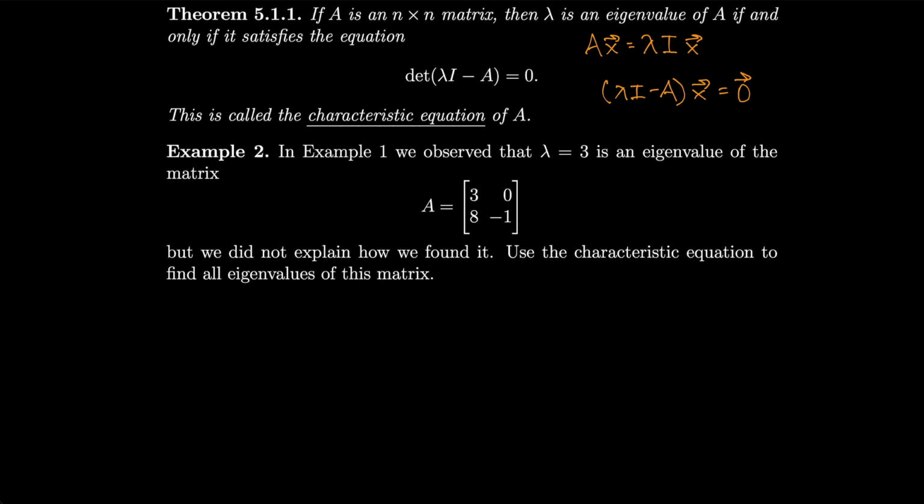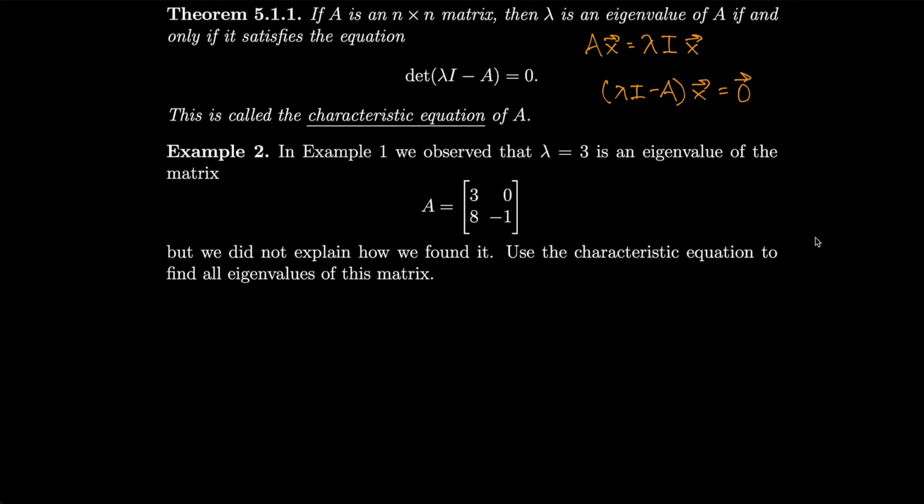And then having this thing times x equal to the zero vector means that this determinant would have to be 0. Anyway, we call this the characteristic equation of A. Notice we can't have x to be 0, because then that would violate the definition of what we said an eigenvector was.